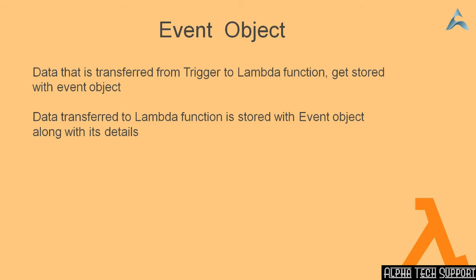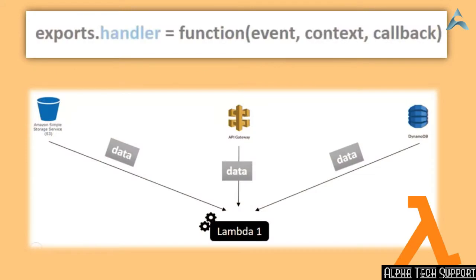Data could be, for example, if you upload an image or any file to an S3 bucket, the metadata about that file storage could be stored with the event object. If you are using API Gateway, the API related information, all the RESTful API details, get stored in JSON format.